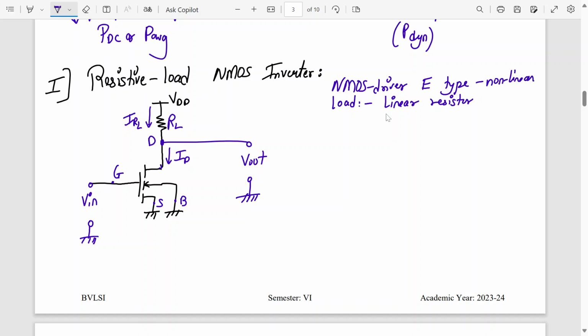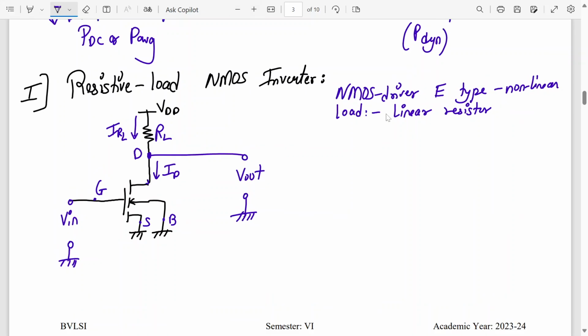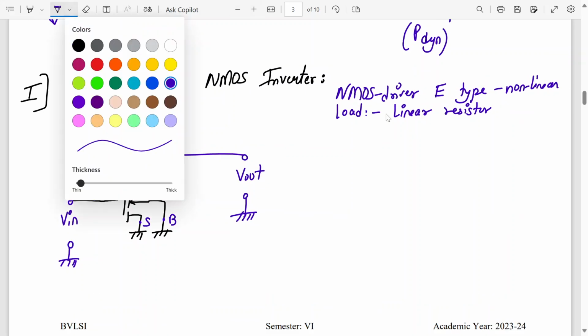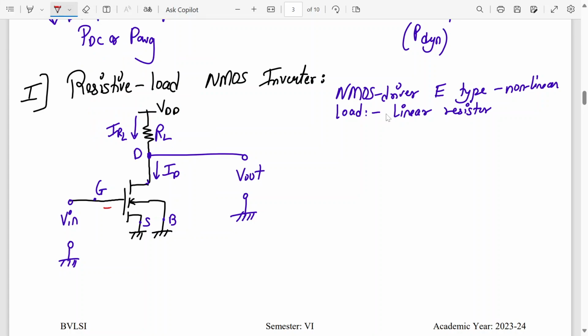So from the circuit, you have drawn the diagram. Can I say this is VGS? See this. And this voltage over here to here is VDS. So what can I write over here? Can I say from the circuit, VGS is equal to V in?